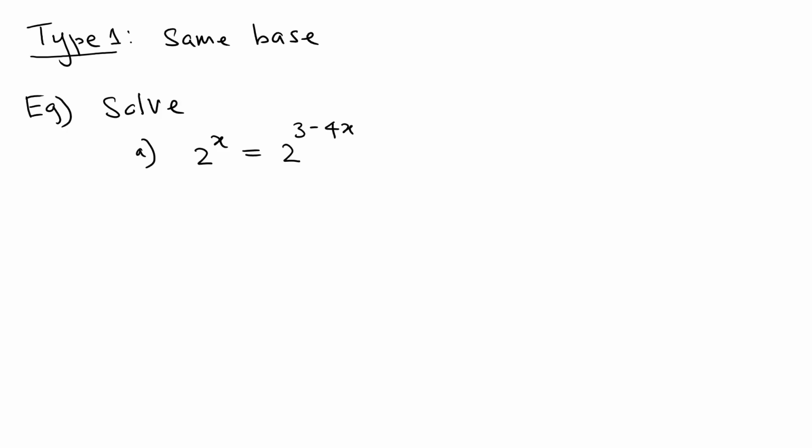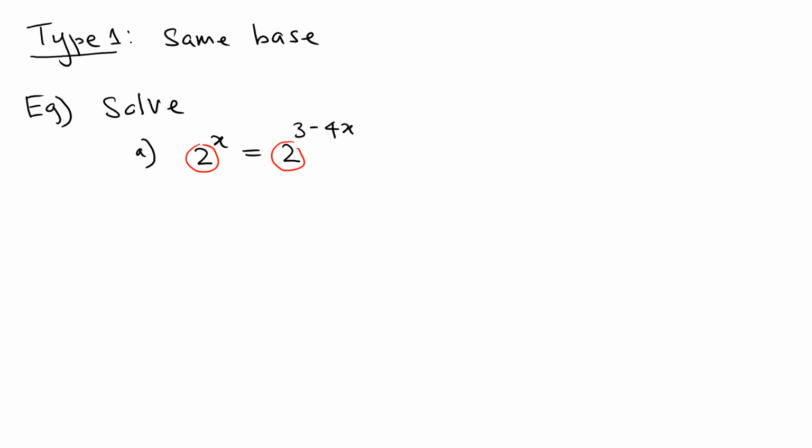As the first example, this is type 1. Let's solve 2^x = 2^(3 - 4x). You will notice that the bases are the same.